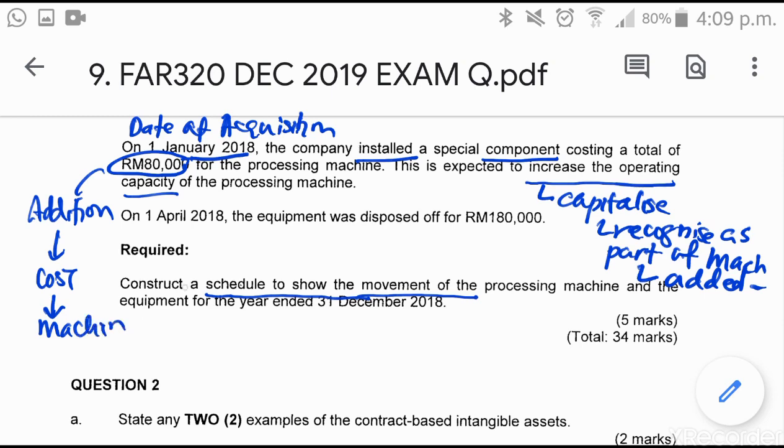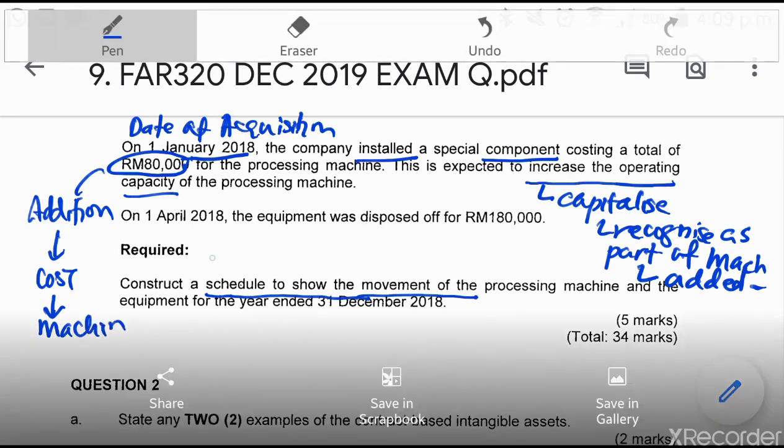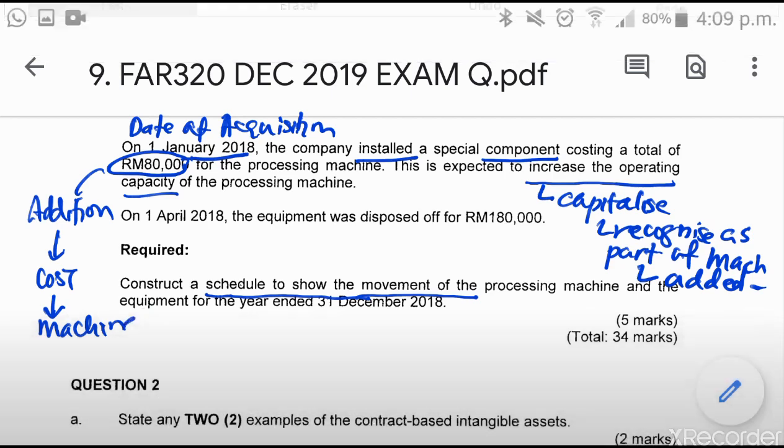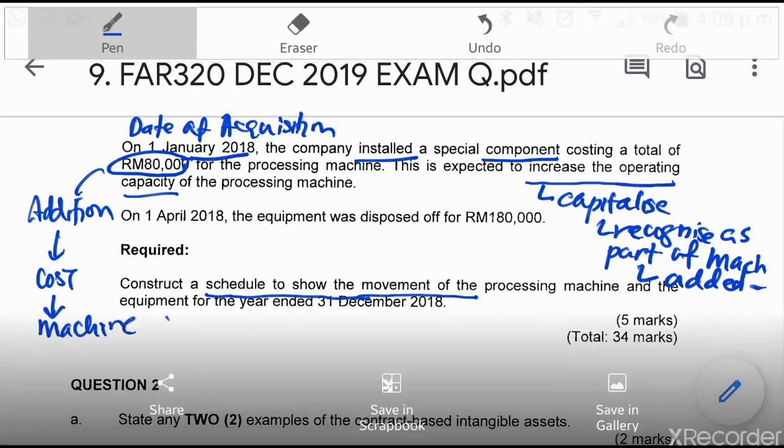So you need to go and increase the machine by that 800,000. So meaning that you need to add.